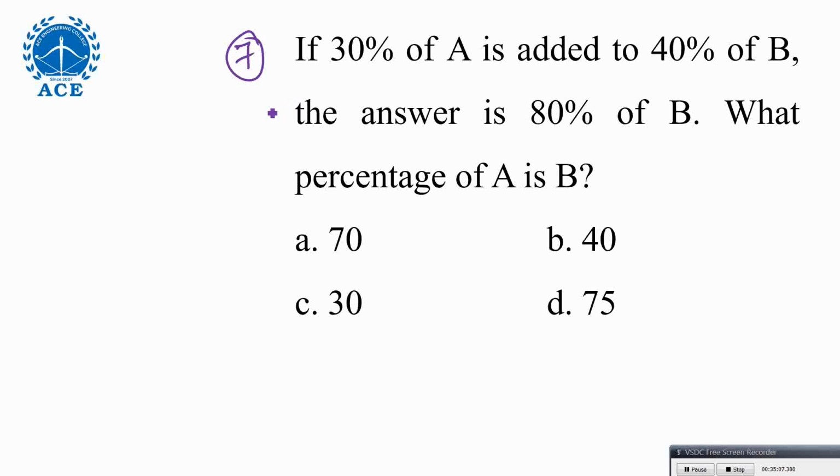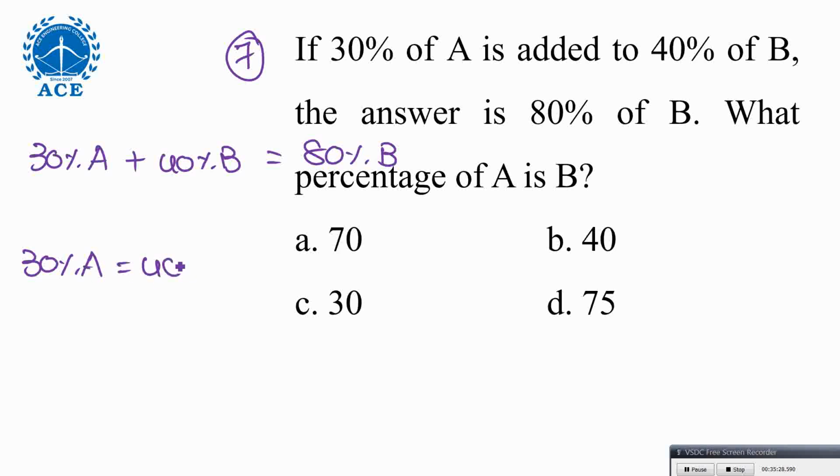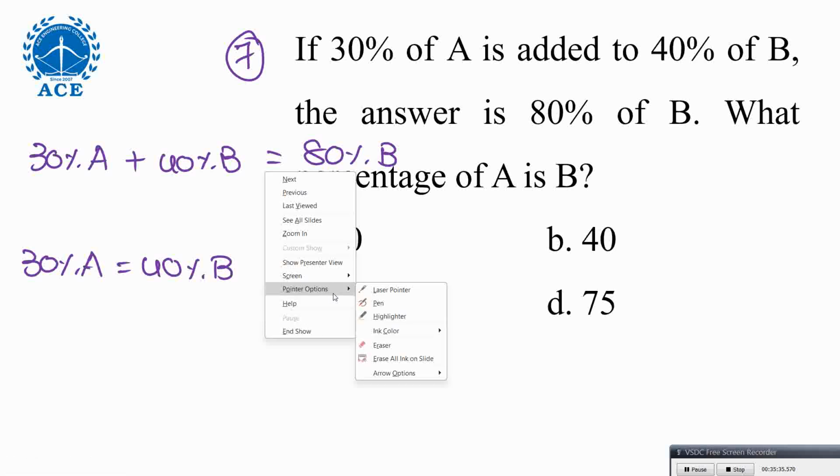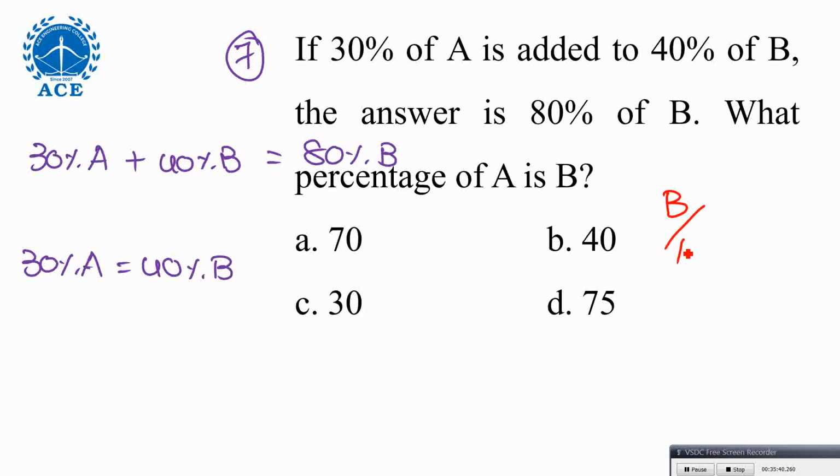30% of A is added to 40% of B is equal to 80% of B. Then what can we sense directly? 30% of A equal to 40% of B, right? Because 30% plus 40% is equal to 80% of something. So clearly 30% of A equal to 40% of B. Now, B is what percentage of A?